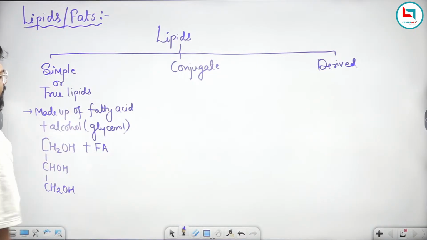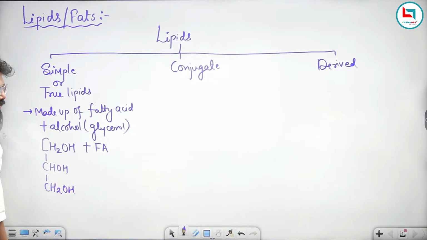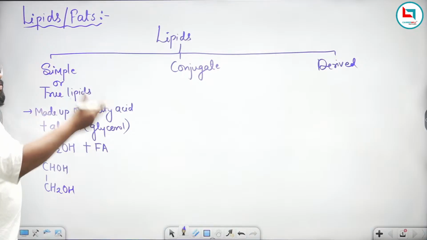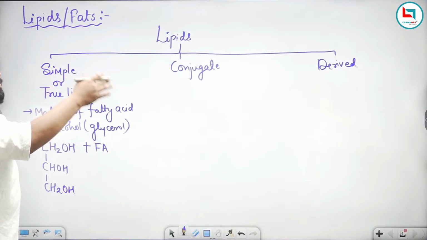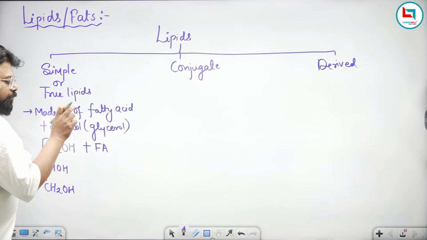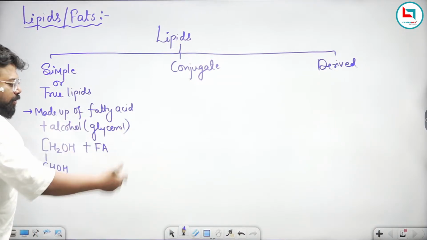When a fatty acid reacts with alcohol, this is an acid, this is an alcohol, and whenever in chemistry there is a reaction between acid and alcohol, a special type of bond formation takes place which is known as ester bond.